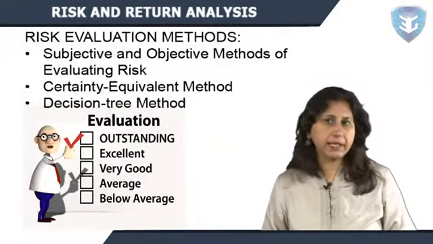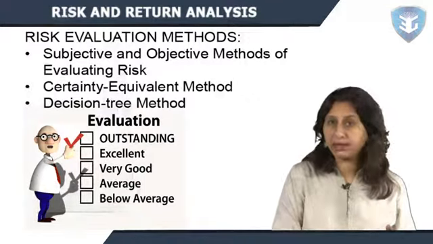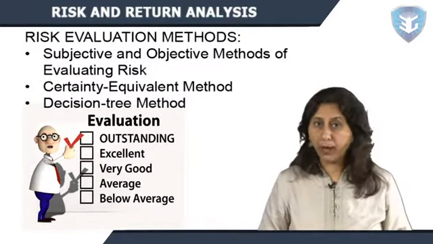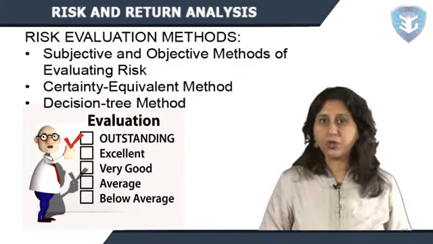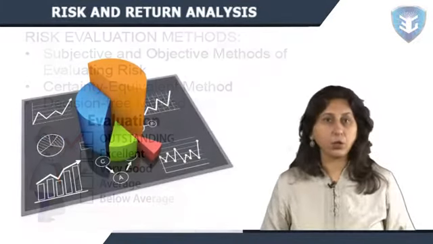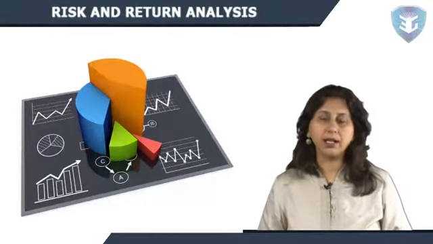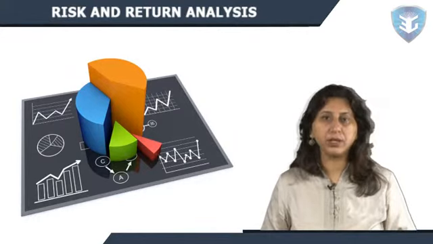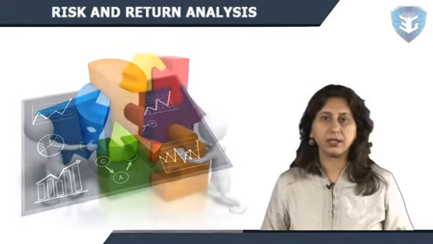There are two basic methods of evaluating risk: the subjective or qualitative method and the objective or quantitative method. The qualitative method allows an individual or group to provide opinions on the riskiness of a particular situation without resorting to past data. Quantitative methods rely on the examination of past data and assume that this can be projected into the future to establish a means of measurement of the risk concerned.